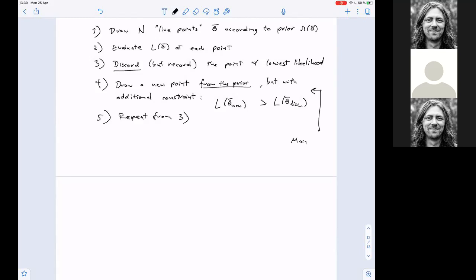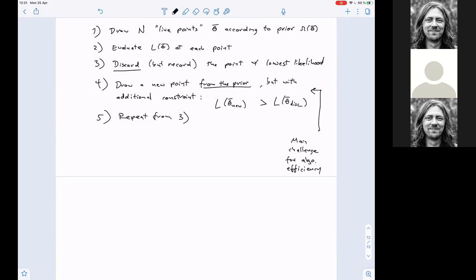But of course, this is the main challenge for the algorithm, let's say efficiency. Because the longer your algorithm runs, the more your prior is fixed, right? You have some prior across all your parameter space. But after running this for a while, the region where you would actually accept a new point is just a tiny part of that parameter space, but you're still sampling from the prior officially.